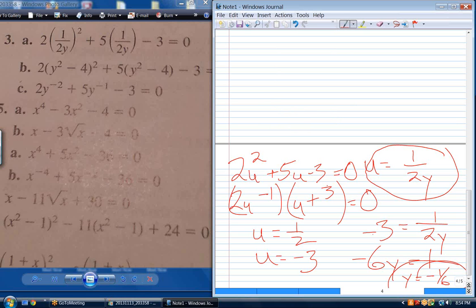In this case, let's just try. What does your teacher tell you to do? Does she say, check all your solutions? No, she hasn't for this.